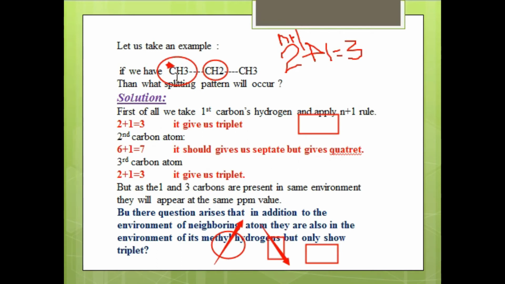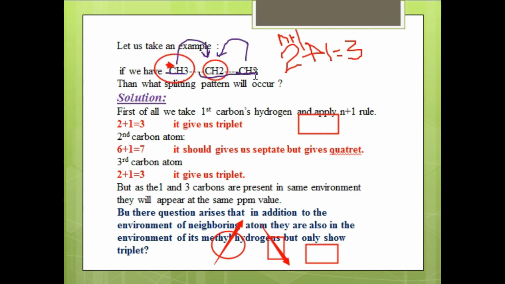This is because this CH3 group, let's see here, this CH3 and this CH3 are present in the same environment, attached with the CH2 and CH3. Similarly, this CH3 group is attached with the CH2 and CH3. So these two are present in the same environment.